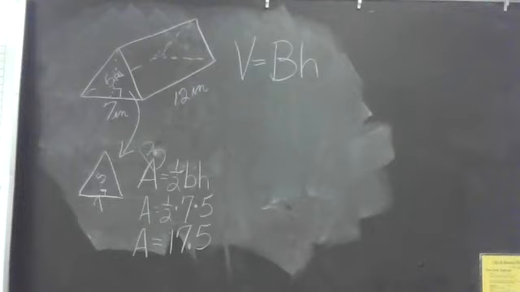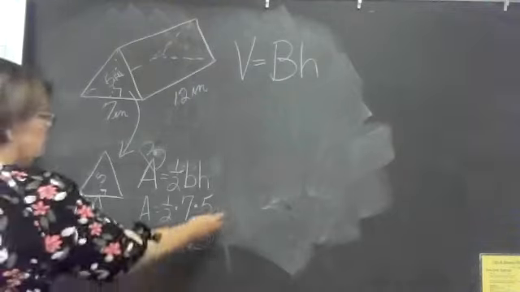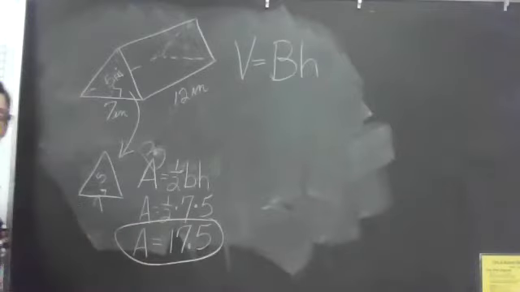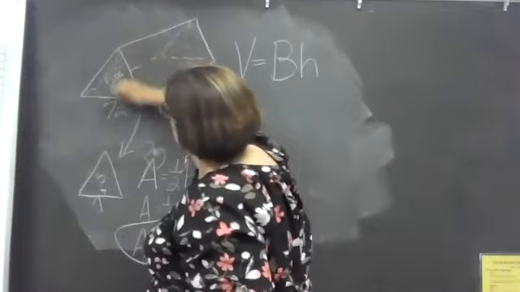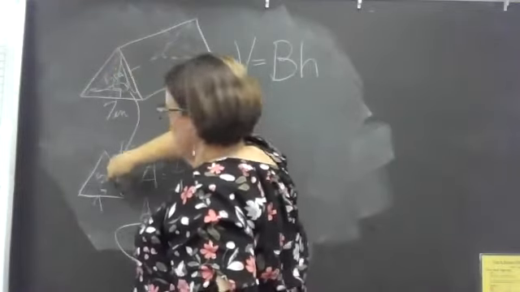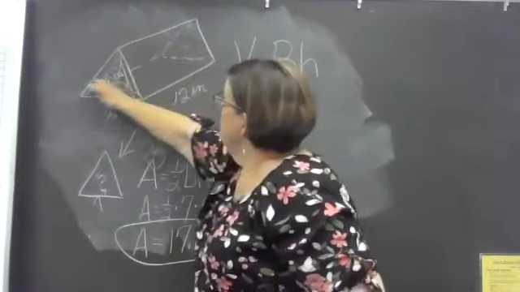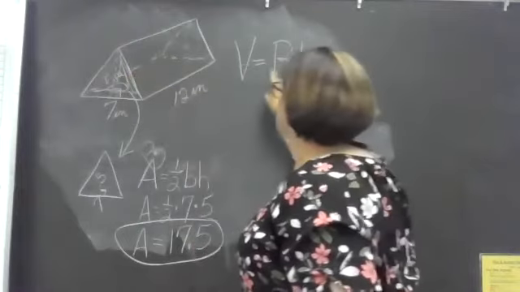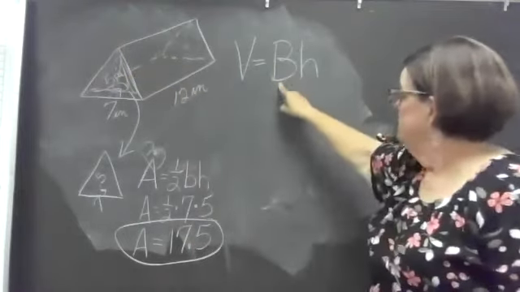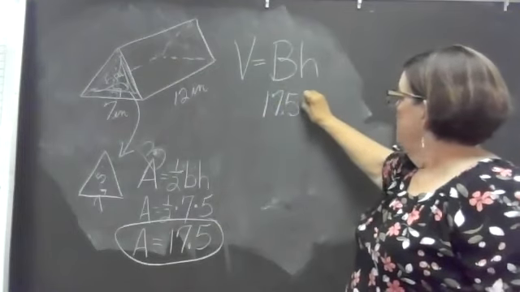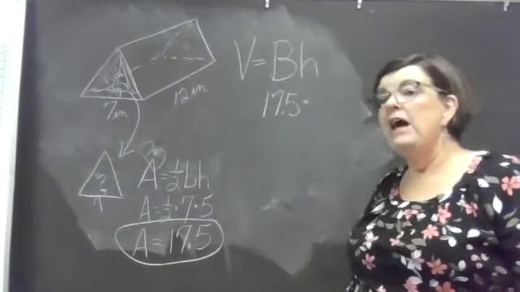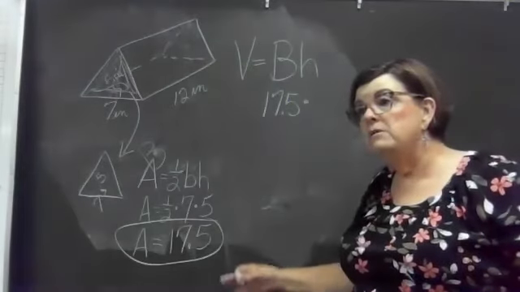Okay? So what we have found right now is not the final answer. We have found the area of the base, because remember, that's what this is. We only found the area of the base, which is this. So we have 17.5, and see if you can find the line that joins those two bases.